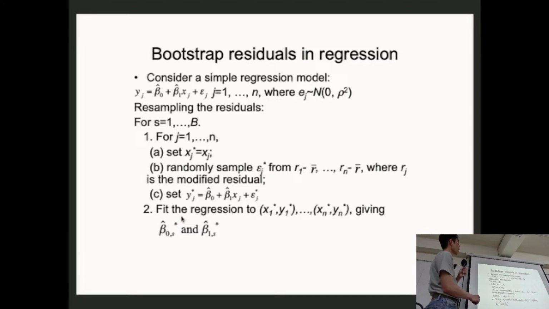For each xj, you get a paired yj sample. Then you fit the regression and repeat B times. You get your bootstrap beta 1, and then you get the confidence interval of beta 1 using the BCa, BC, whatever is best.